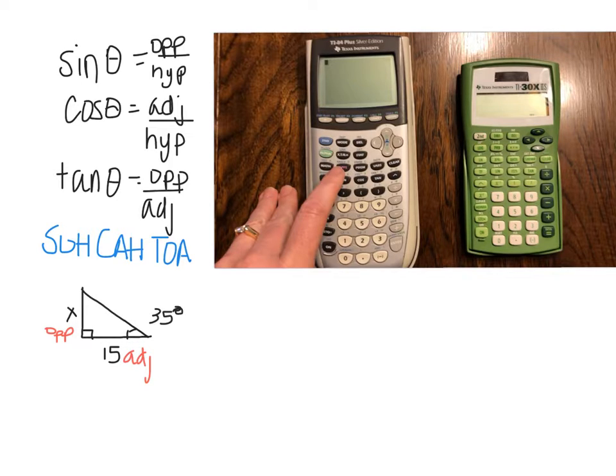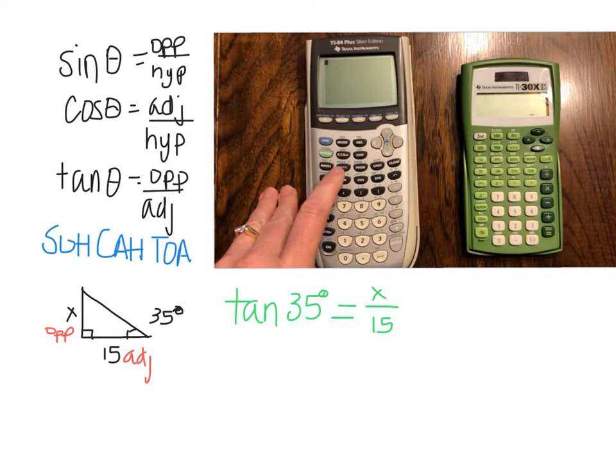So now we need to set up an equation. Tangent of the angle equals opposite over the adjacent. So here's what that trig ratio looks like. The tangent of the angle, and the angle we know is 35 degrees, equals the opposite, which for this one is x, over the adjacent, which is 15.